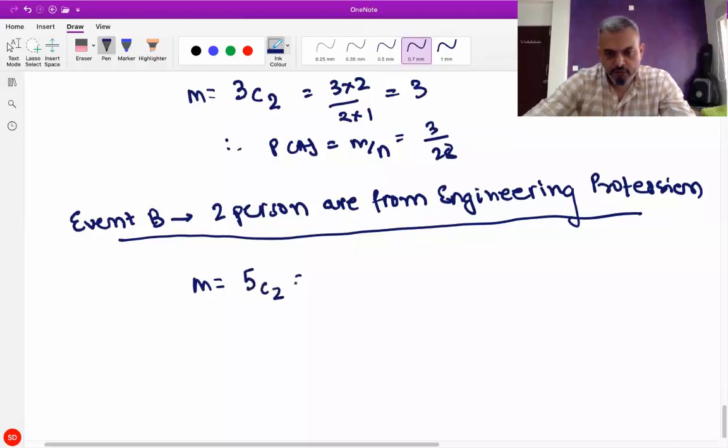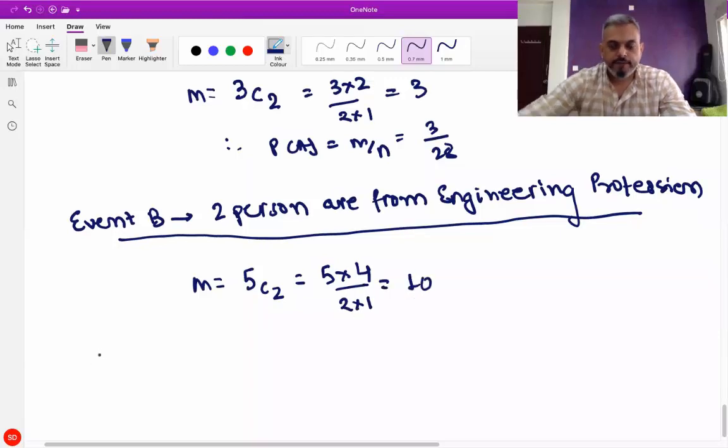So 5C2, which is 5 into 4 upon 2 into 1, which is equal to 10.